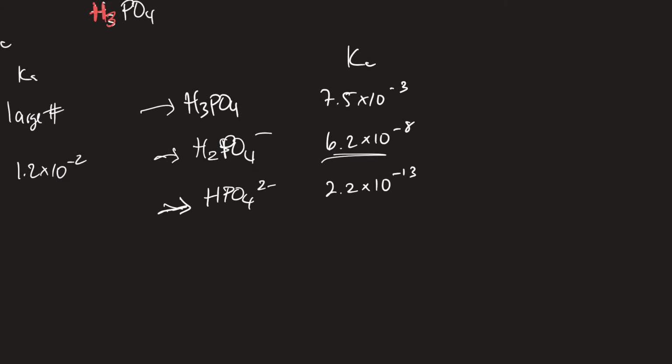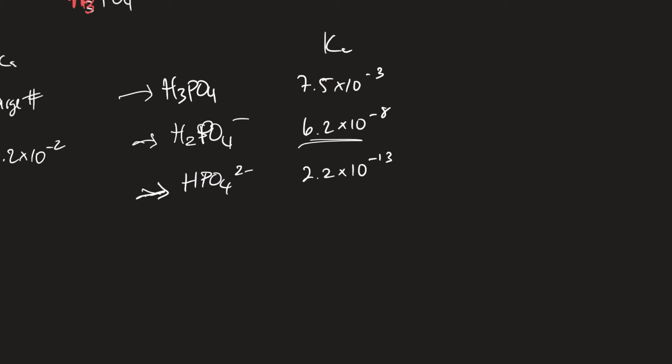Now, if you consider the strength of the conjugate bases of these three and were to rank them, the conjugate base of H3PO4 will be the weakest, because of these three, it's the strongest of the weak acids, if that makes sense.